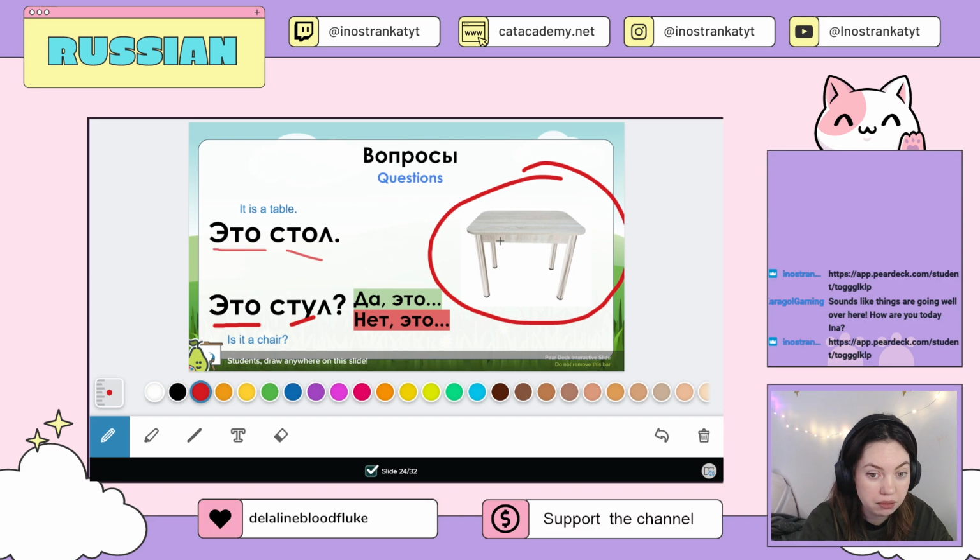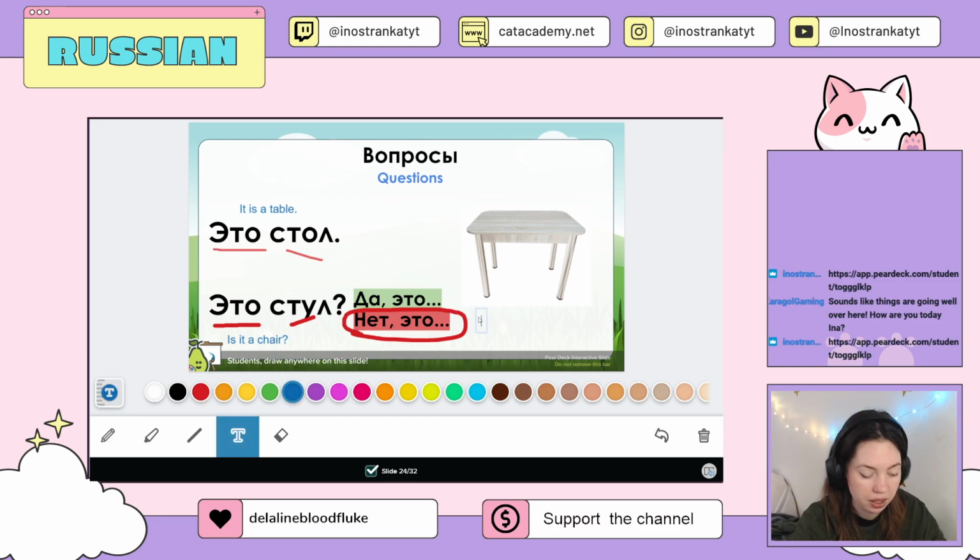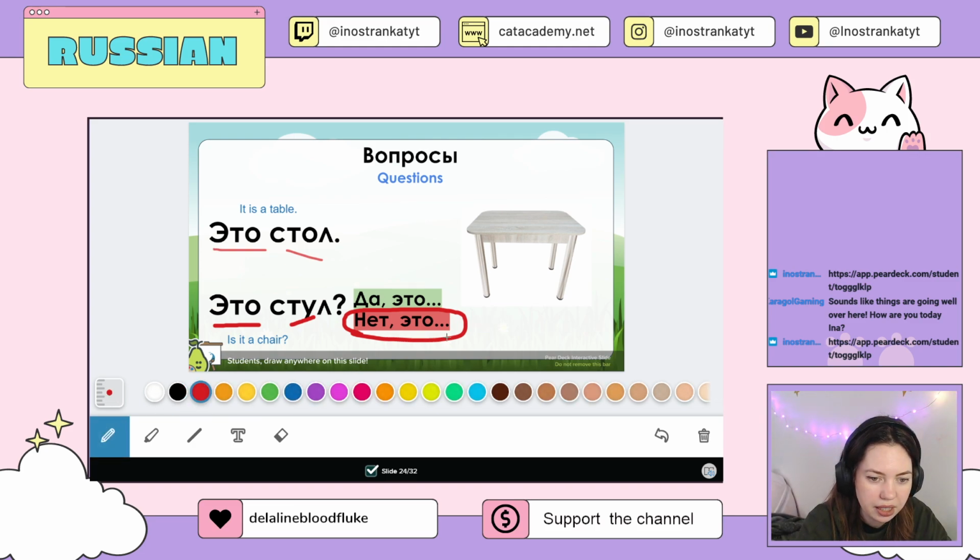So if we look at our picture, это стул? Is it a chair? Нет, это. And we can write or type, as you like. I'm going to write. Это стол.